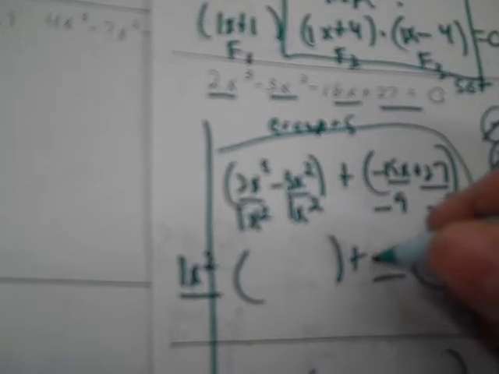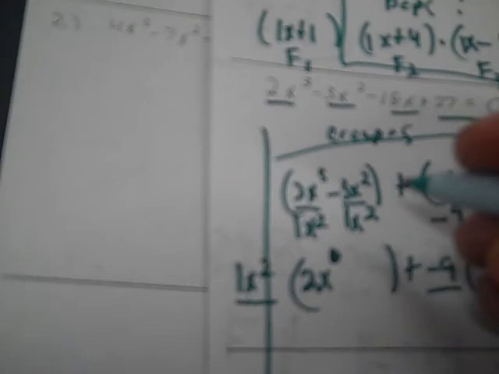Okay, so 1x to the second goes out, and negative 9 goes out. 2 divided by 1 is 2 this time. 3 minus 2 is to the first, so get the 1 out. Negative 3 divided by 1 is negative 3, and those x's can go bye-bye. And this one's also going to have 2x minus 3, because that's 2x and negative 3, so minus 3.